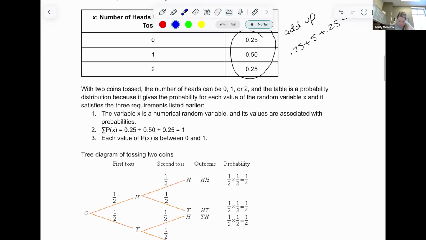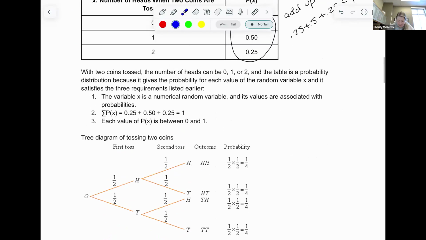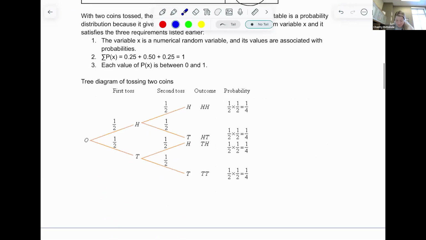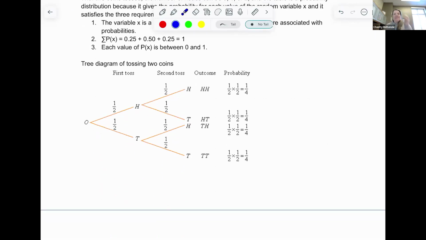So we could also look at a tree diagram for 2 coins. I like presenting some of our situations in a tree or a Venn diagram because sometimes you need those to be able to think through your options. So when I flip a coin, it's either heads or tails, and you have a half chance of the heads, half chance of the tails.